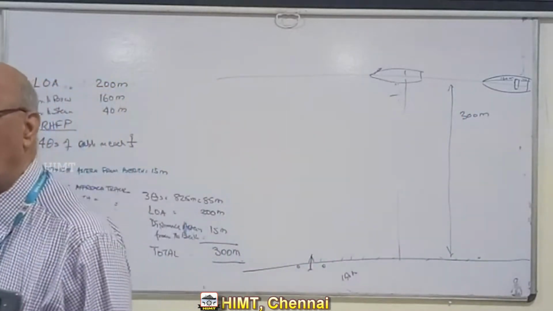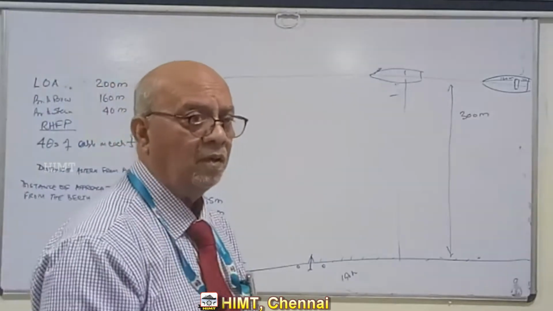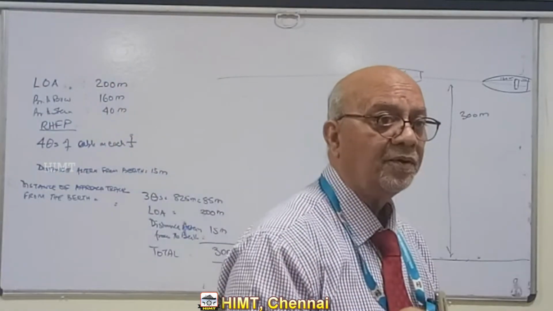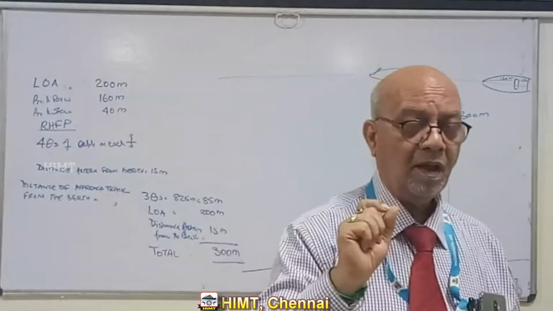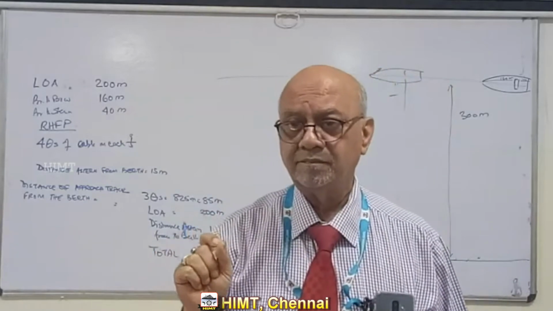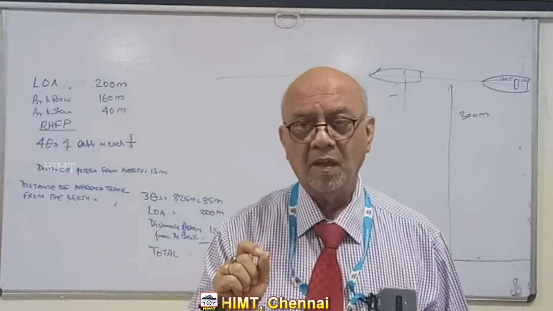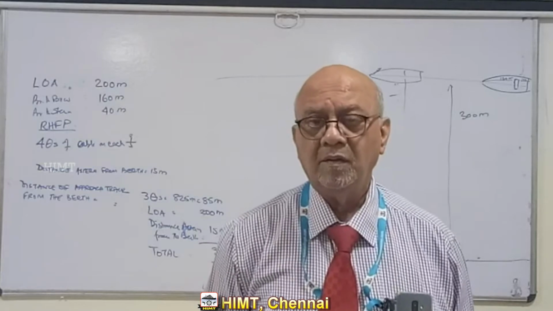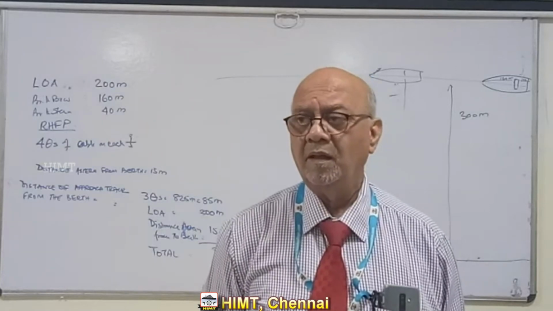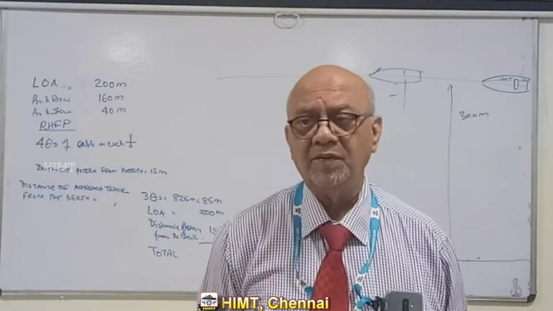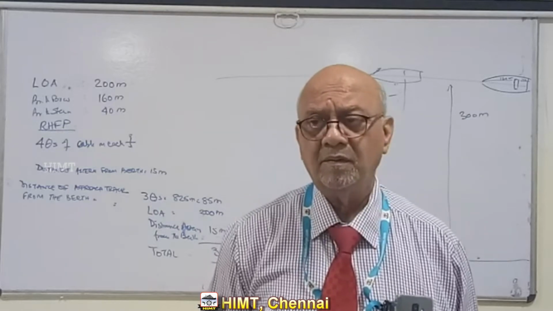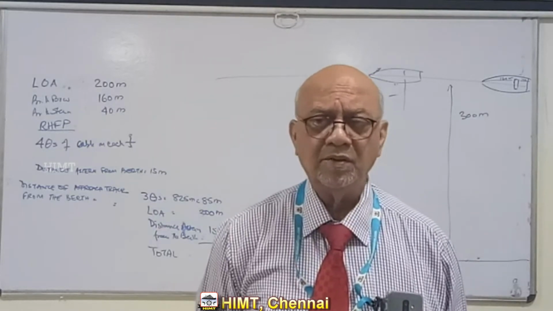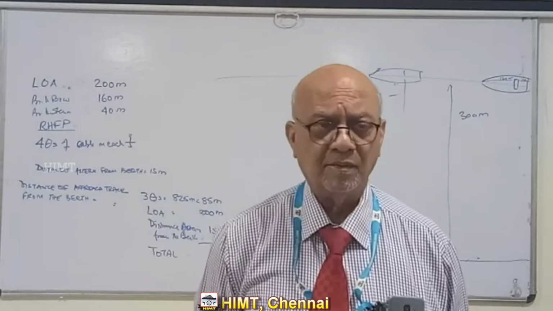Now what is the danger here? What is the precaution I should take? I should not dredge my anchor, which means that the cable I pay out should be more than twice the depth, minimum.